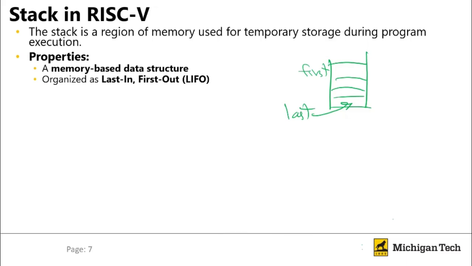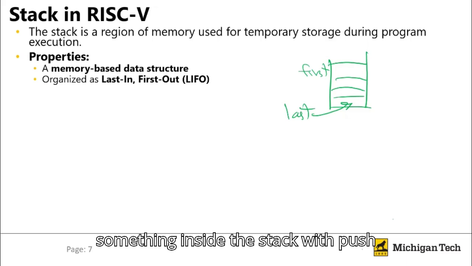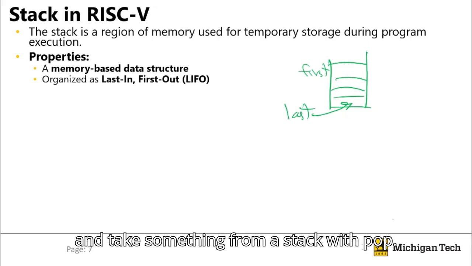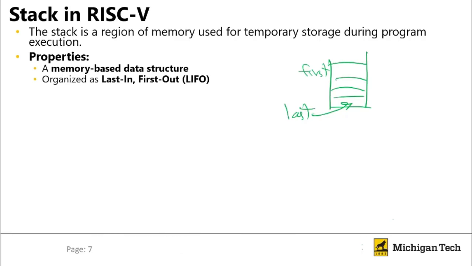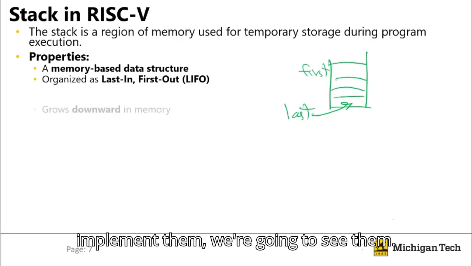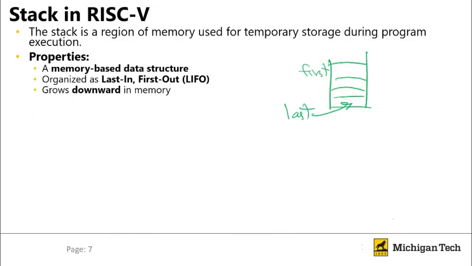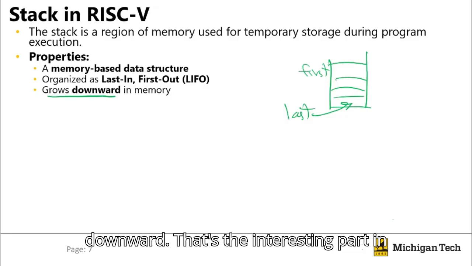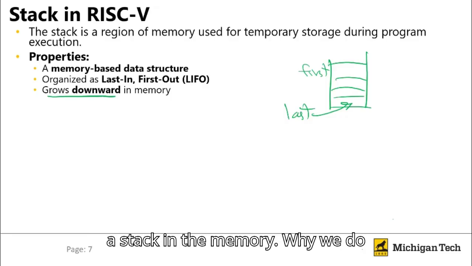We put something inside the stack with push and take something from a stack with pop. So we have these two instructions. How we implement them, we're going to see. They grow downward. That's the interesting part of a stack in memory.